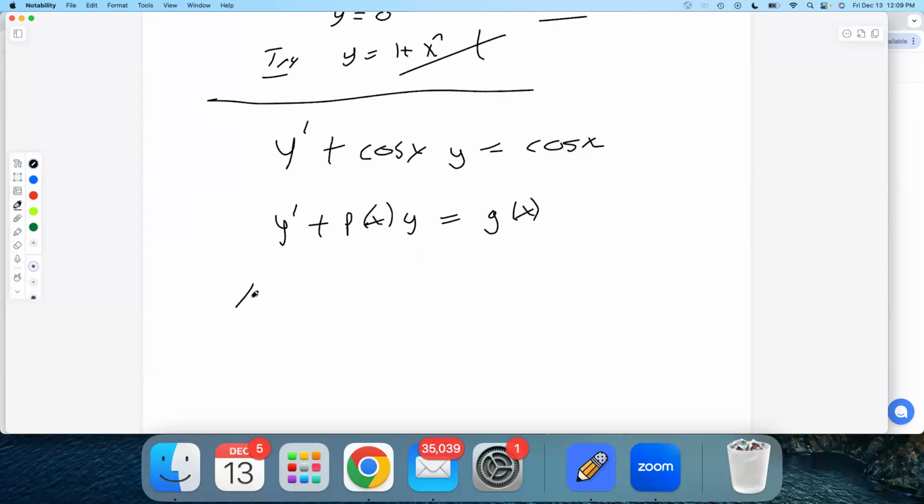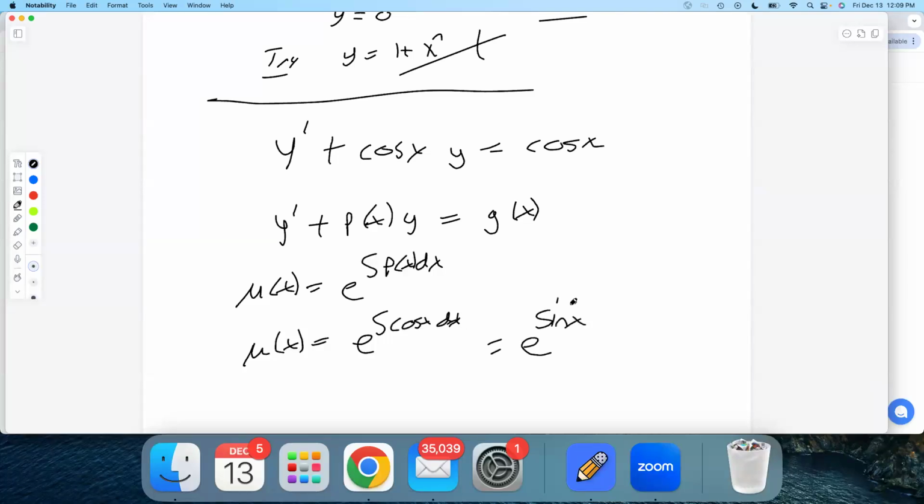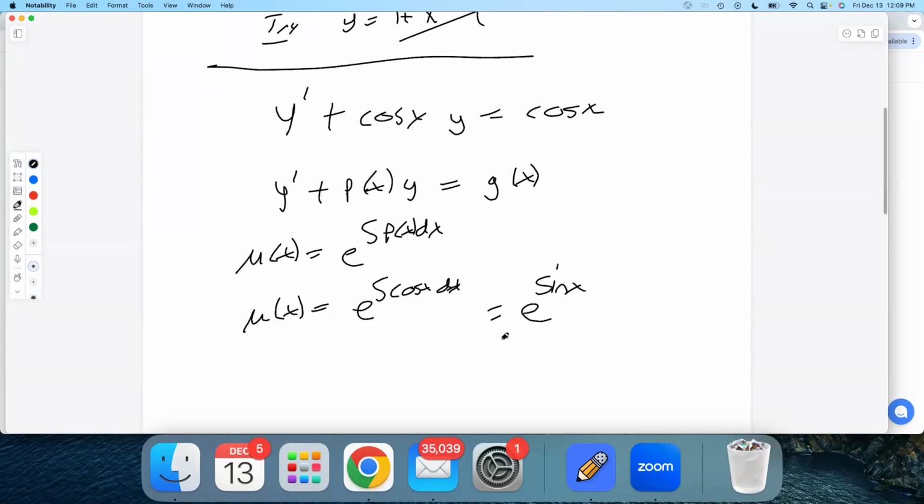Remember our integrating factor, mu of x, is e raised to the antiderivative of p of x dx. So that will be e raised to the antiderivative of cosine of x dx, which will be e to the sine of x. That's my integrating factor here.